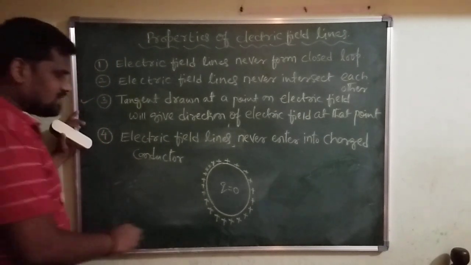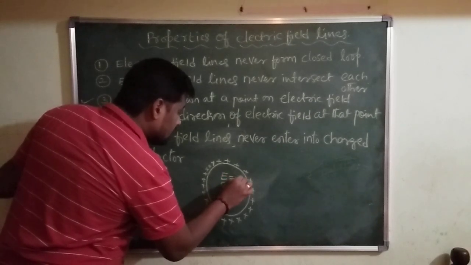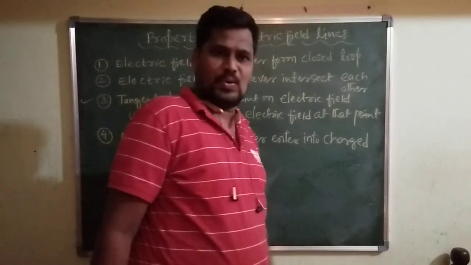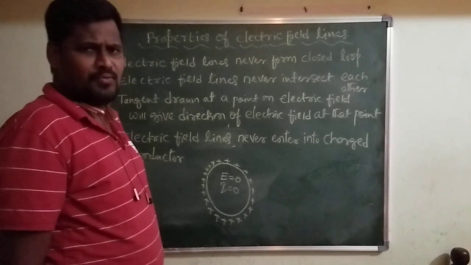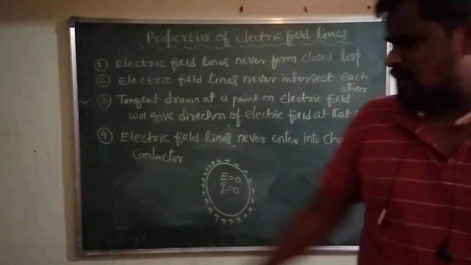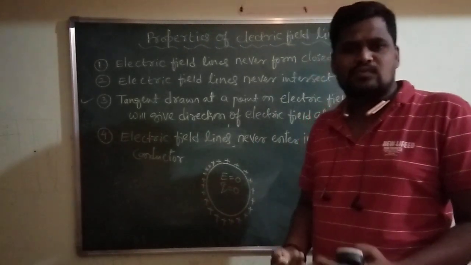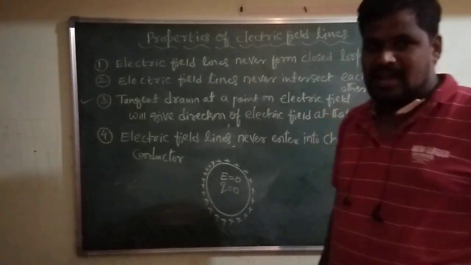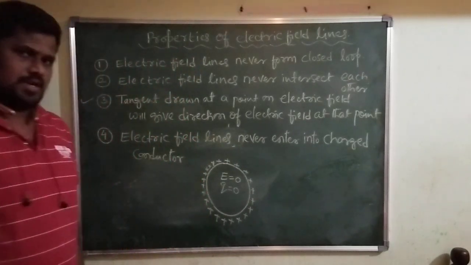If net charge inside the conductor is zero, net electric field at any point inside the conductor is also zero. Electric field is zero, charge is zero. When there is no charge, there is no electric field. When there is no electric field, then there is no chance for existence of what? Electric field lines. Therefore, electric field lines never enter into the conductor.